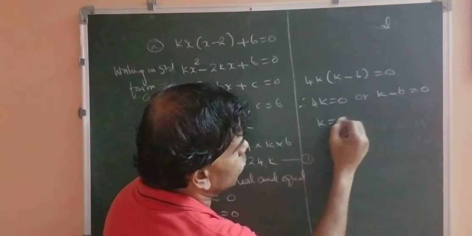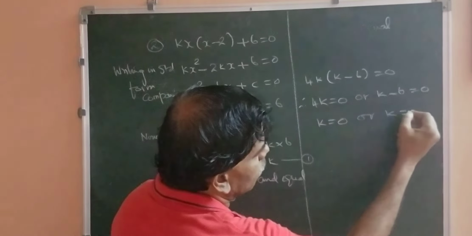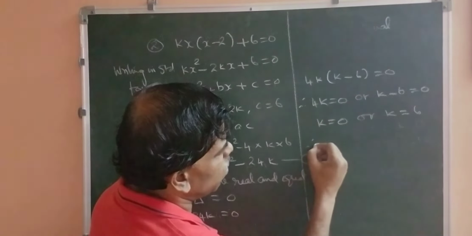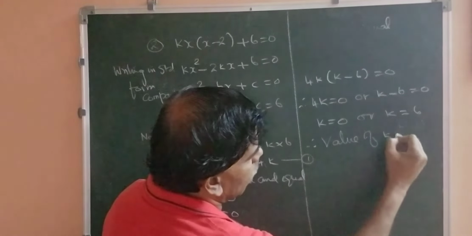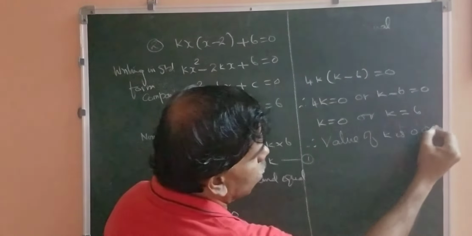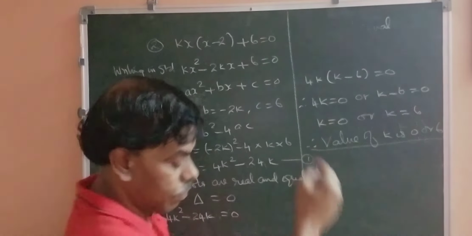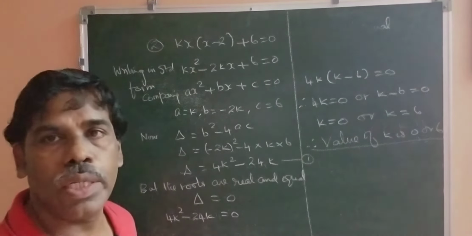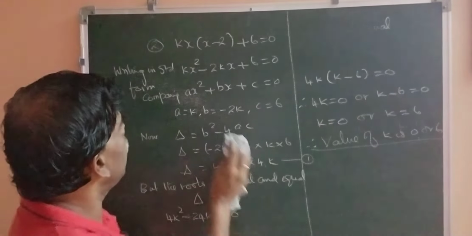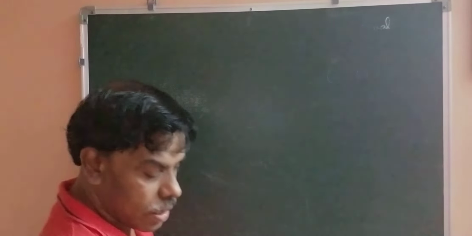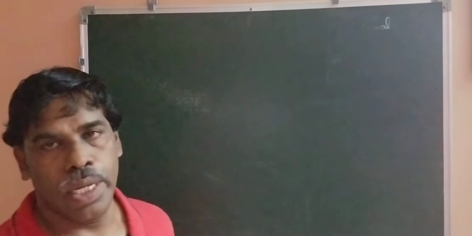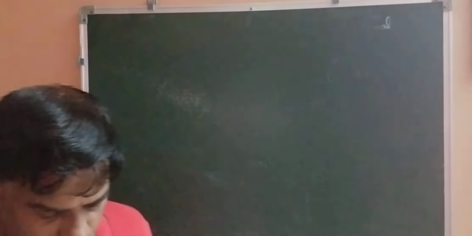Therefore, k equal to 0 or k equal to 6. Therefore, value of k is 0 or 6. Is it interesting? Now, I hope everybody understood how to find out the value of k using the condition that the roots are real and equal. Now, we will go to the word problems.